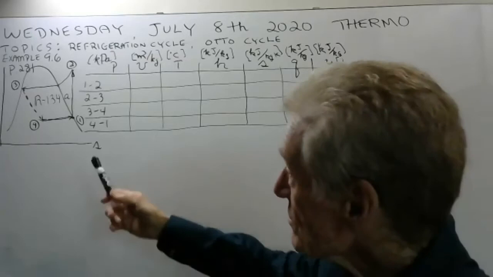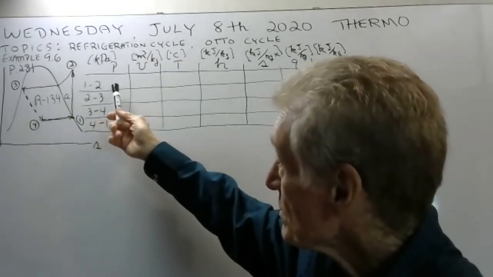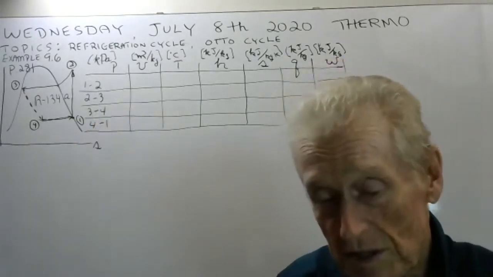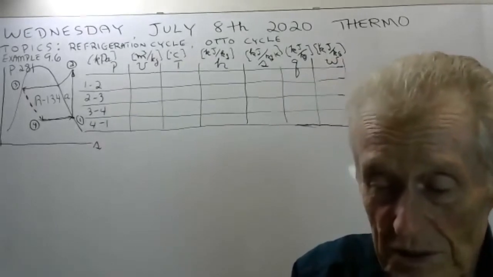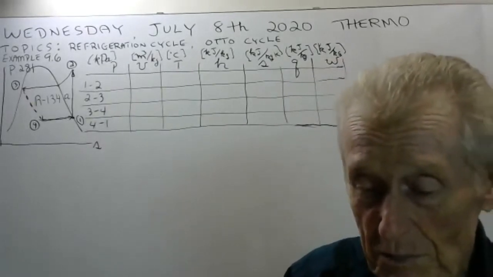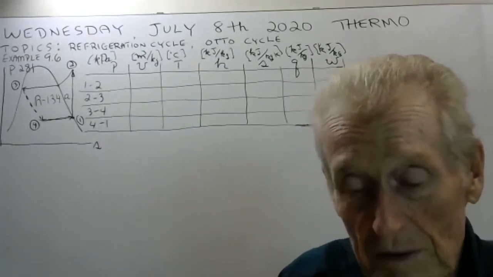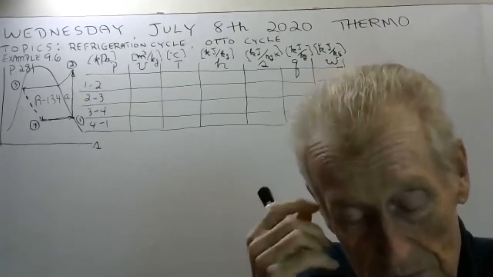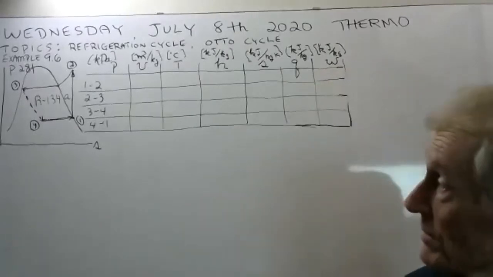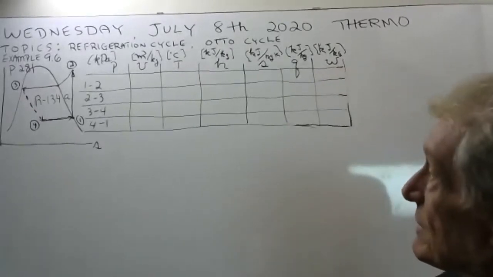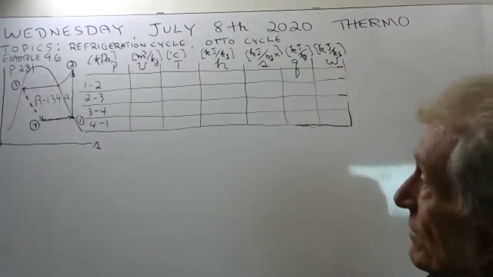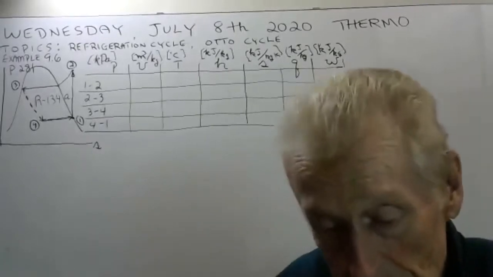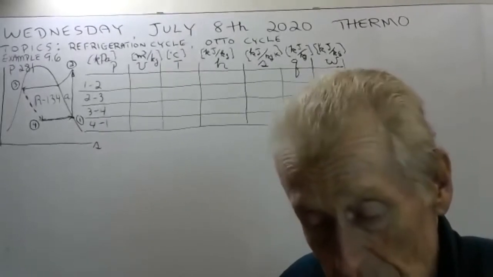And see, you can just look up the properties at state 1. It's real easy. Go to the back and find R134A with me. There it is. Let me read what it says here.